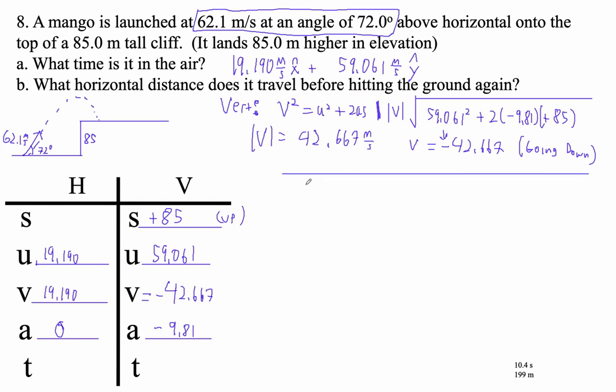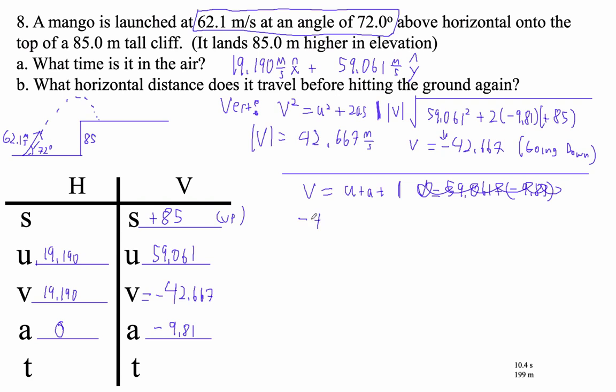The time is going to be v equals u plus at. Whoa, it's slowing down on me. Okay. So the final velocity is the initial velocity, 59.061 plus negative 9.81 times, oops, sorry. We know the final velocity.